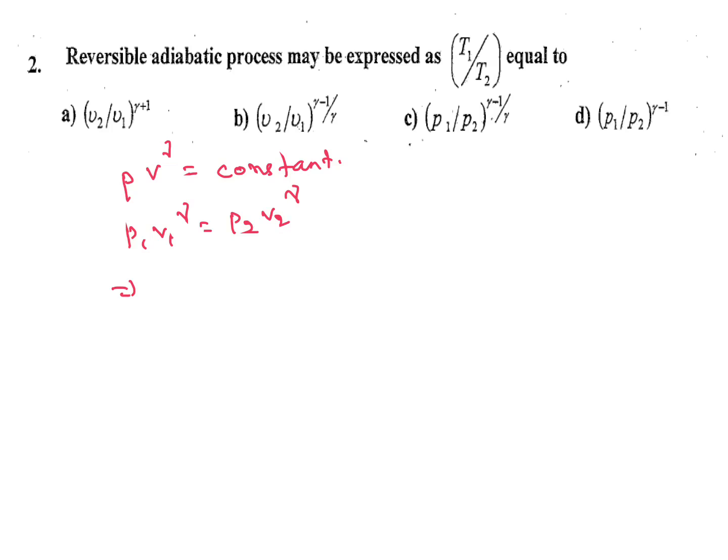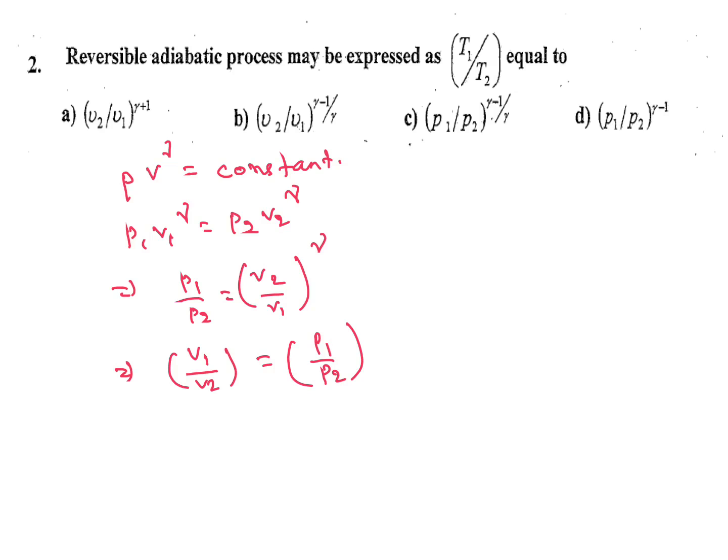Then P1 by P2 equal to V2 by V1 whole to the power gamma, or V1 by V2 equal to P1 by P2 whole to the power minus 1 by gamma. Let these be equation 1 and equation 2.